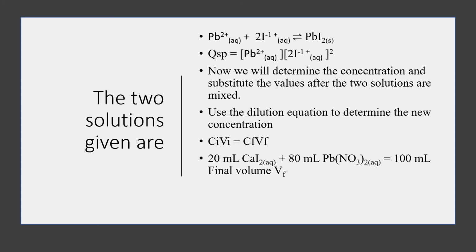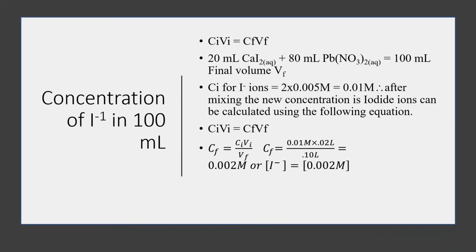So we know the final volume is 100 mL, the initial concentration is known, and we want to find Cf. Mind you, we are looking at the concentration in this new volume, which is 100 mL, and that's why it's dilution.